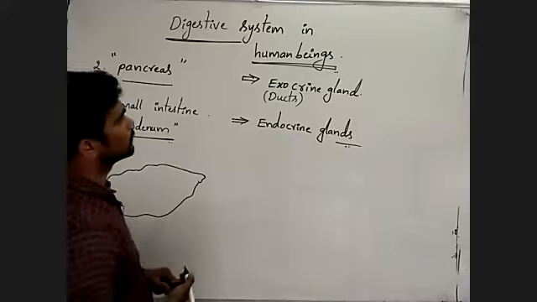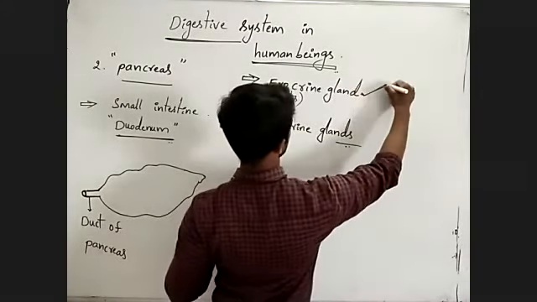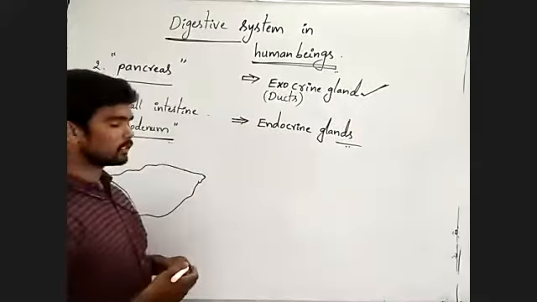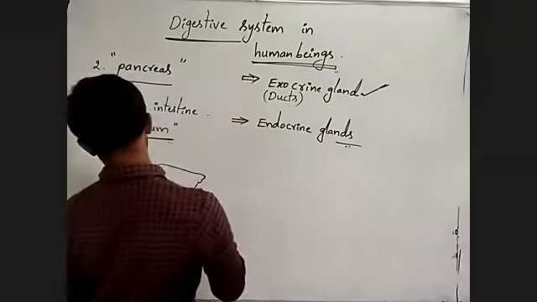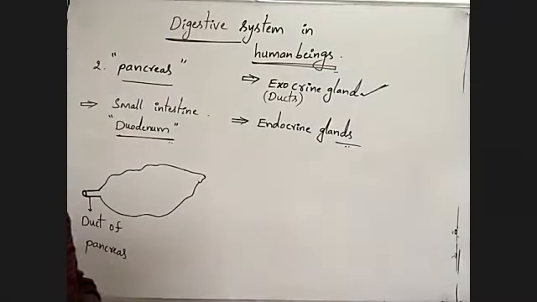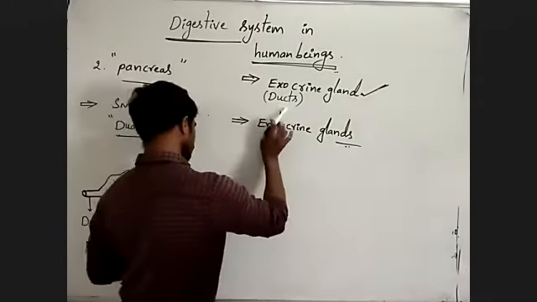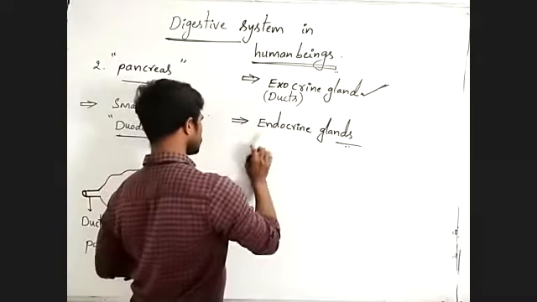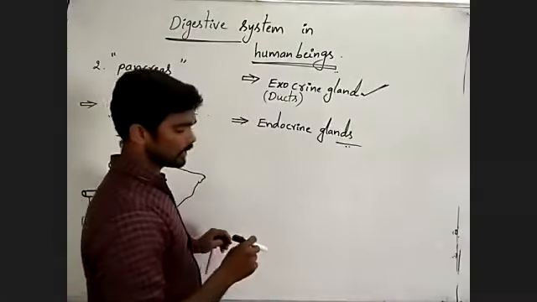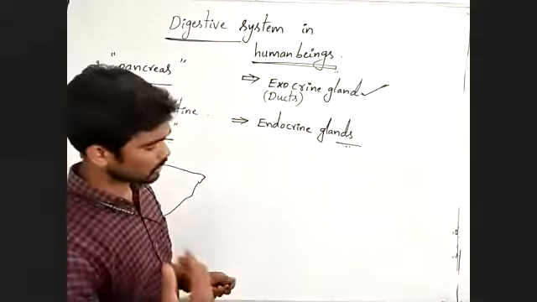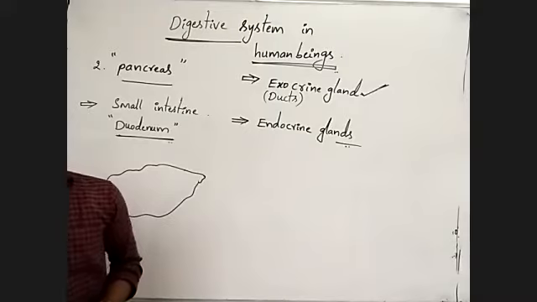Understanding? First, let us study the exocrine gland activity of the pancreas. Pancreas acts as an exocrine gland and endocrine gland. Exocrine glands have ducts to release the secretions into a particular organ.